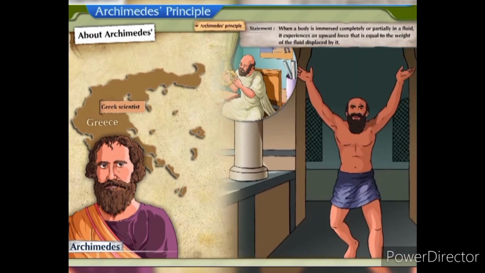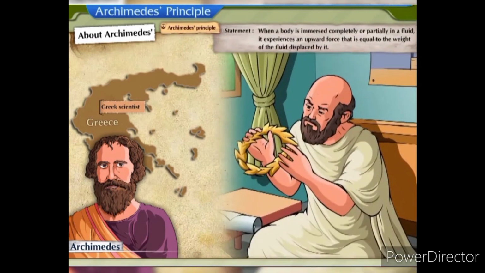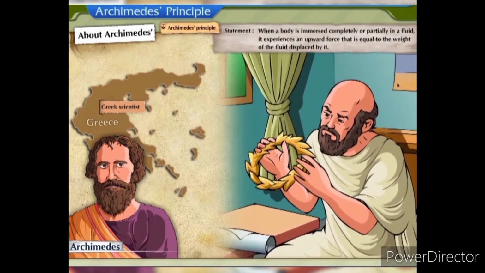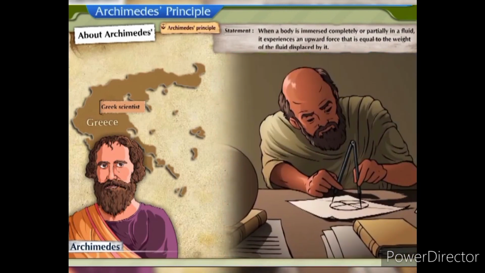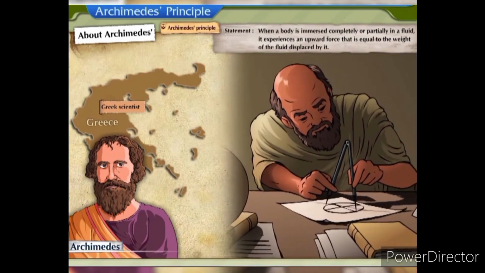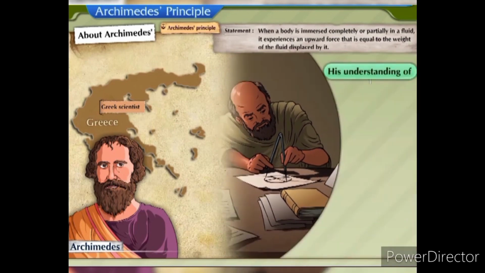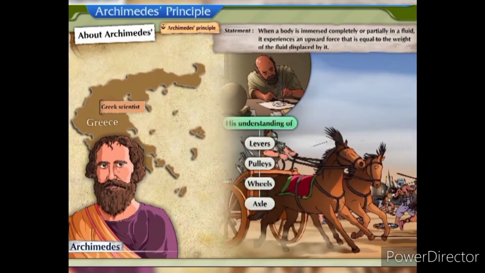He ran through the streets shouting, "Eureka!", which means "I have got it." Using this principle, he determined the purity of the gold in the crown. His work in the field of geometry and mechanics made him famous. His understanding of levers, pulleys, wheels and axle helped the Greek army in the war with the Roman army.